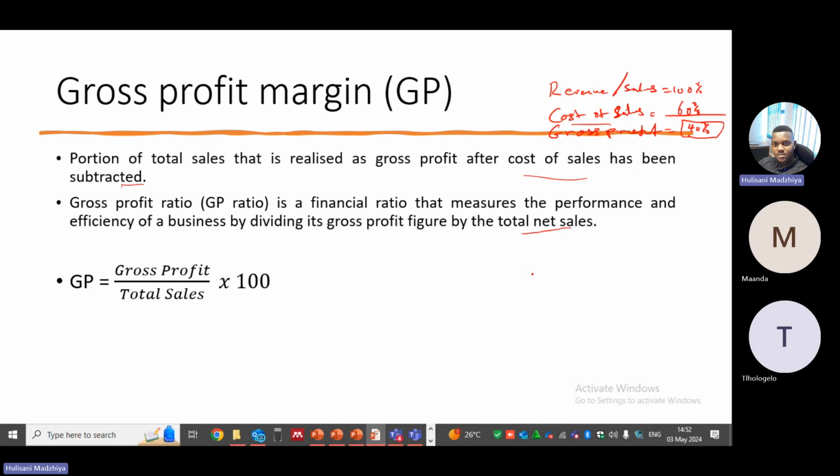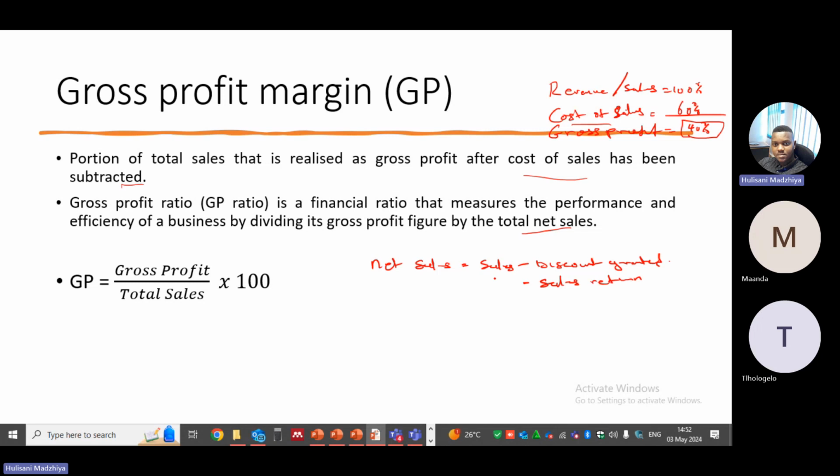And if you still remember the net sales, in our last video we said that net sales equals sales minus discount granted to customers, and then again minus sales return.